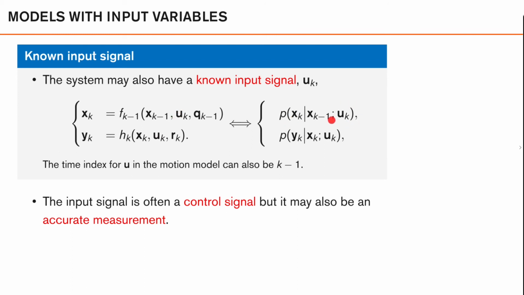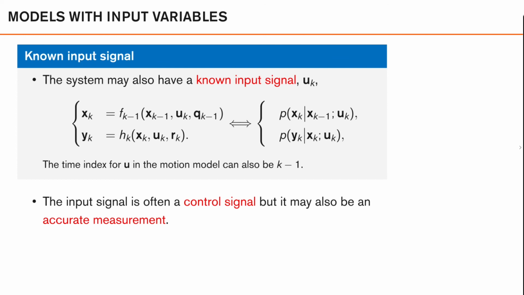For the density representations, it is common that we write it like this, with a semicolon here, to indicate that uk is not a stochastic variable, but we should rather view it as a time-dependent parameter in our models. It is common to use this type of input signal to include control input signals into our models. But it may also be used to include accurate measurements directly into our models.